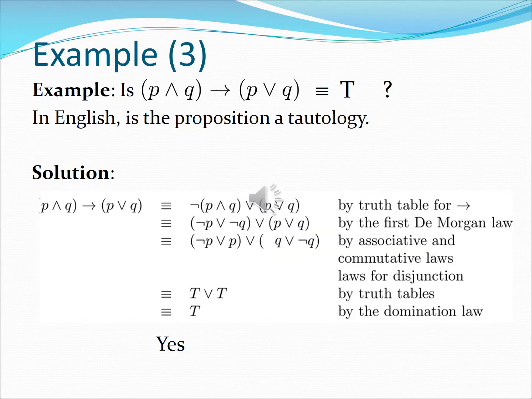In example 3, we want to prove that this mathematical statement is a tautology. That means it's always true.